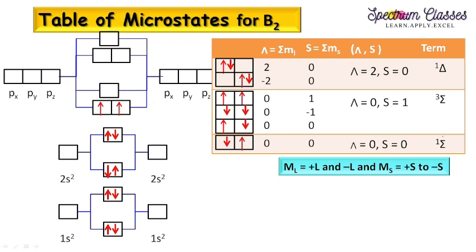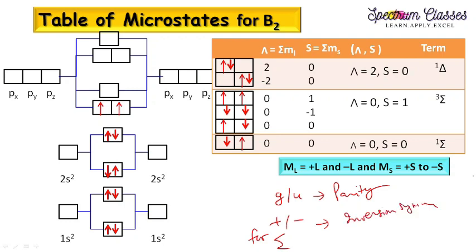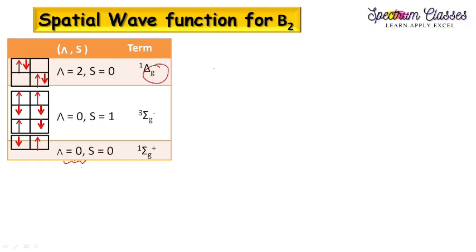Unlike our atomic term symbols, here we have to define our gerade or ungerade, that is parity, and plus or minus for sigma. This plus or minus for sigma states is called inversion symmetry. So just to understand that, we are moving to the next. This parity will be defined as we have the last two electrons in the bonding pi orbital.